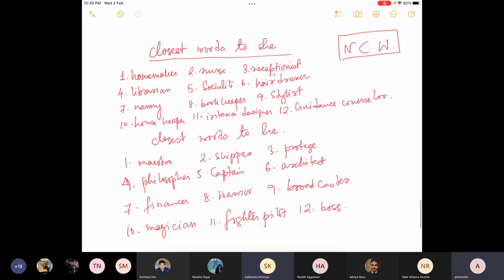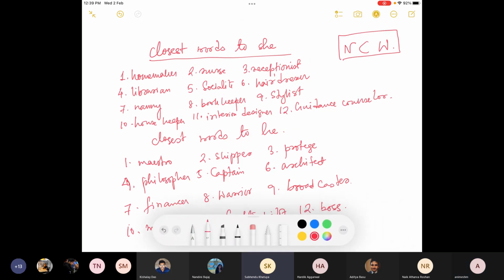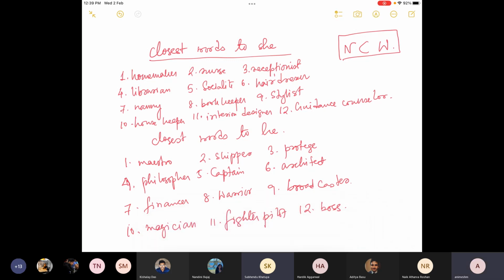So these are some of the words that are closest to the she direction, and these are some of the words that are closest to the he direction. Okay, so what do you see from here?